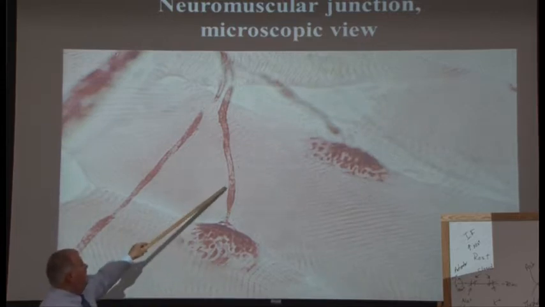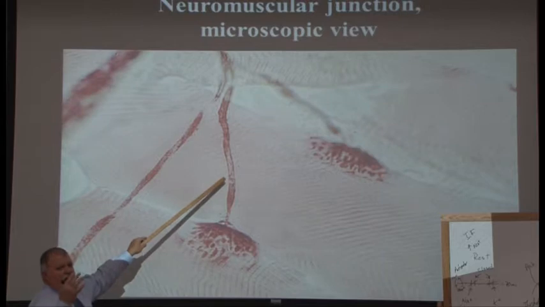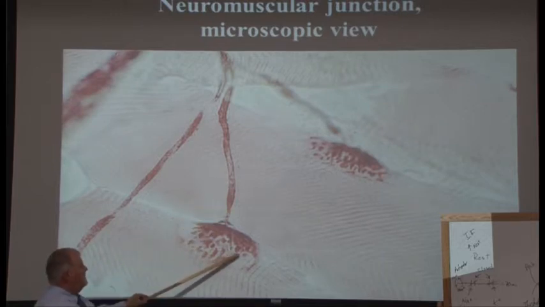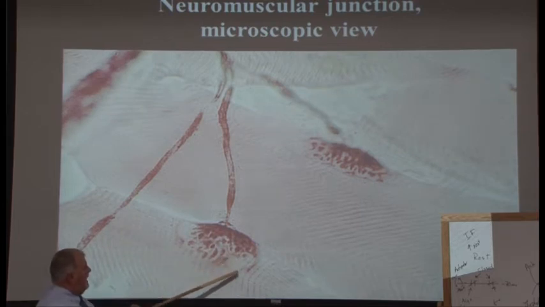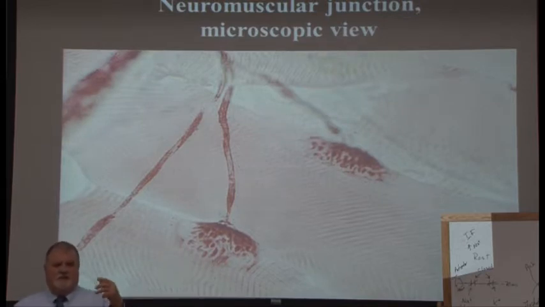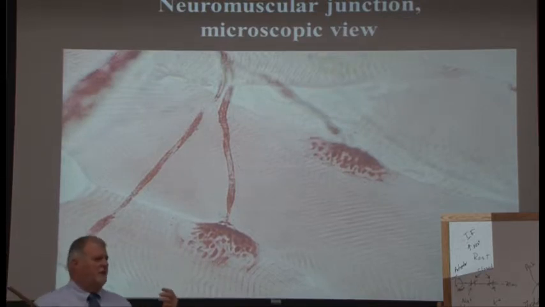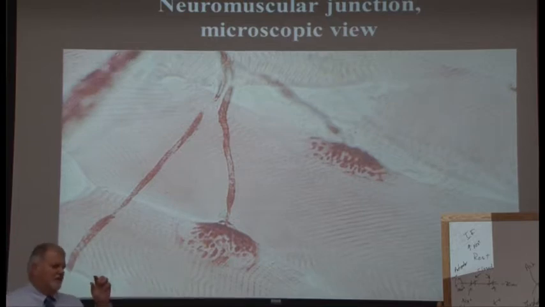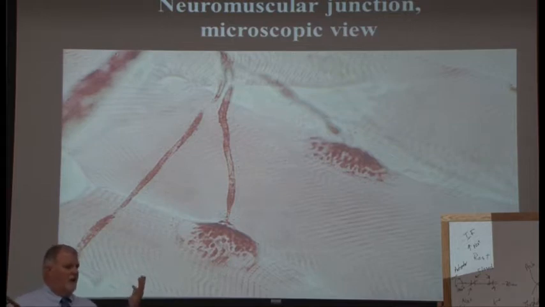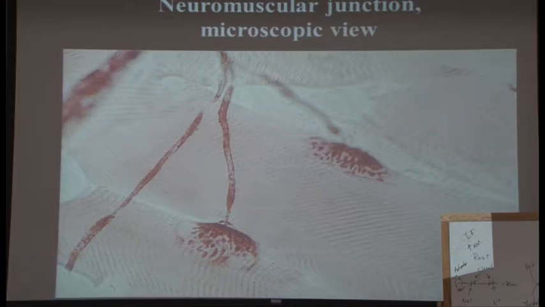If we get a nerve potential, a depolarization on this nerve, it triggers the release of these, which cross the synaptic cleft and then trigger this threshold effect on the skeletal muscle itself. Now this is a light scope, and with the light scope we cannot see the synaptic cleft. It would require an electron micrograph to show us that space, because the space is really small.